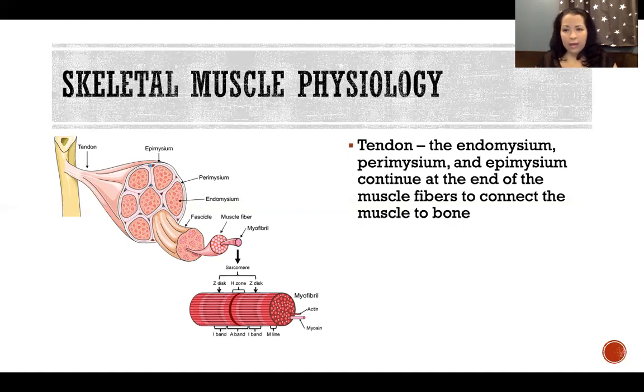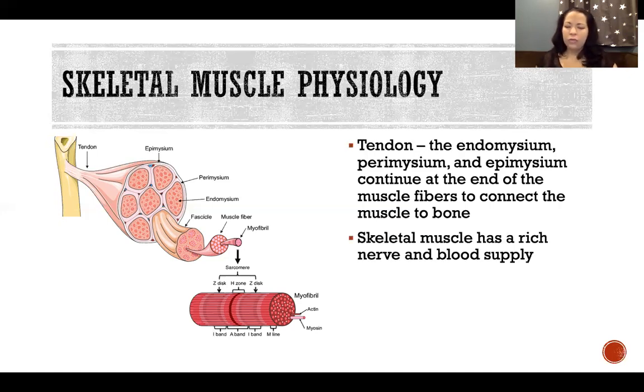And that's why that connection between tendon and bone is so strong, is because those tissues are sort of blending together at their attachment. It's not like we took a rubber band and hooked it onto a hook on the bone. It's blended right in. So the tendon really blends seamlessly with the muscle because it's an extension of the same tissue, and then it blends seamlessly into the bone.